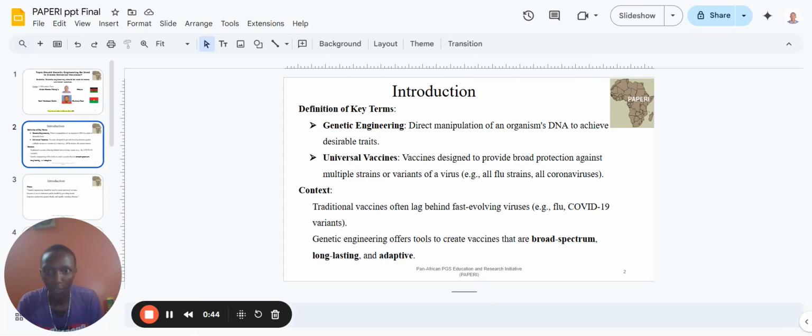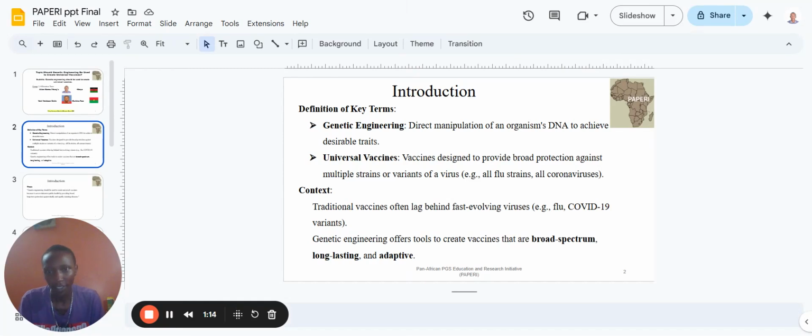So, introduction to it. What do we understand by the term genetic engineering? This is the direct manipulation of an organism's DNA to achieve desirable traits. Universal vaccines are vaccines designed to provide broad protection against multiple strains or variants of viruses, for example, all flus and coronavirus.